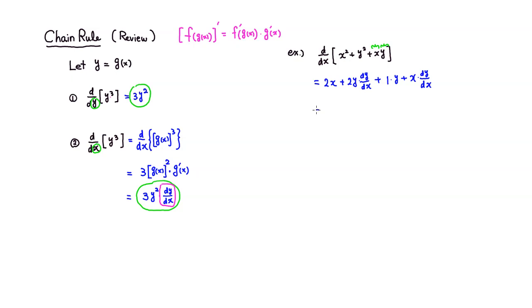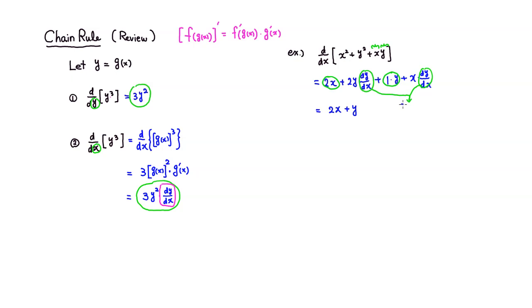There's not much you can do, but we can clean it up a little bit. So you're going to have a 2x, definitely. Then I'm going to take care of this guy first: 1 times y is just y. And here we have two terms, but these have a common factor, dy over dx. So I'm going to pull those out.